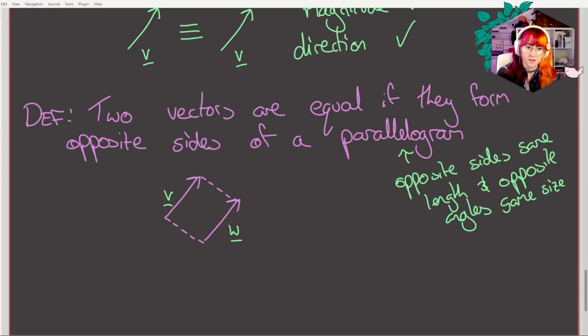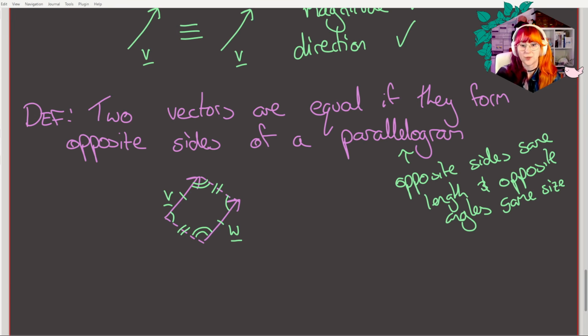same length, then the distance between the start points and the end points is going to be the same. And here I'm using the same hatching notation to mean these two things are the same length. And we also have that this angle matches this angle, and this angle matches this angle.